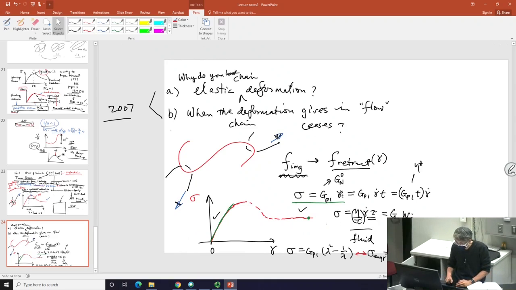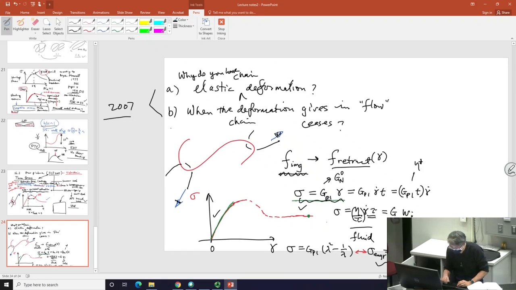Okay. Any questions? So I'm trying to show you both the expression for shear and the expression for extension.